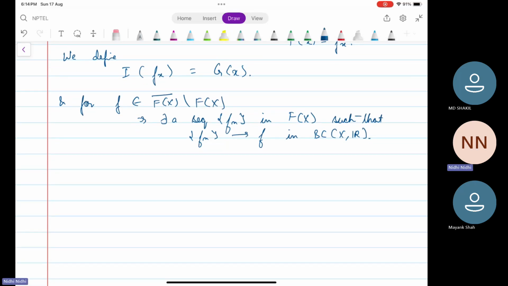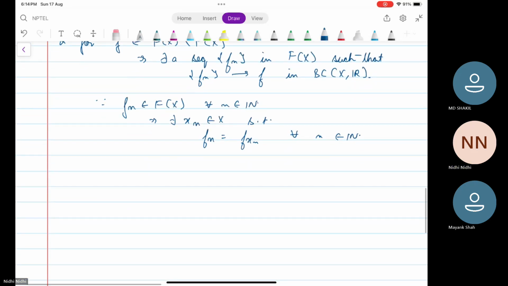Now, since each f_n is in fX, there exists x_n in X such that f_n is equal to f_{x_n} for every n in N. This implies f_{x_n} converges to f in BC(X,R).